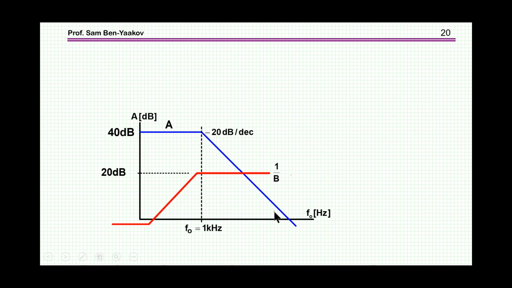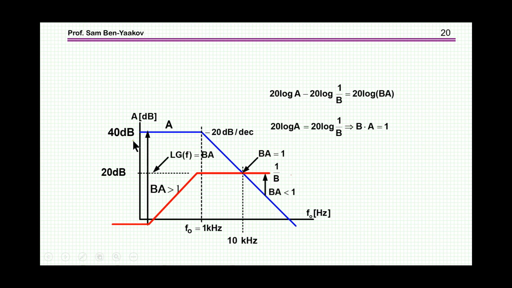Now if I look at the difference between any two points here, the difference is 20 log A, because this is a log scale, minus 20 log 1 over B, because I've plotted 1 over B. And minus 20 log 1 over B is plus 20 log B, and then 20 log A plus 20 log B is 20 log BA. Meaning that this distance is in fact the loop gain.